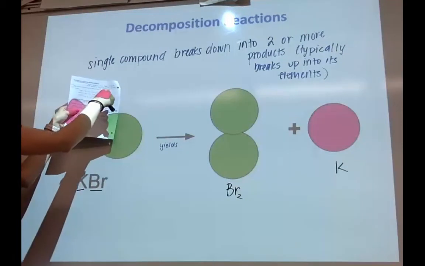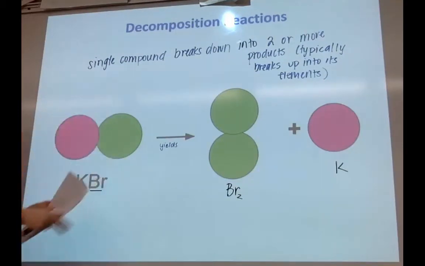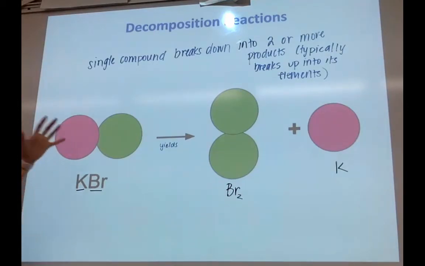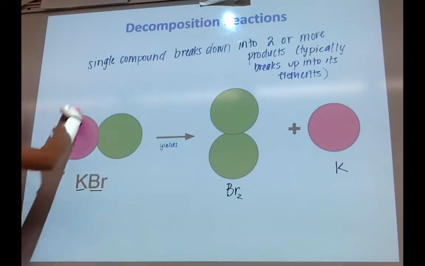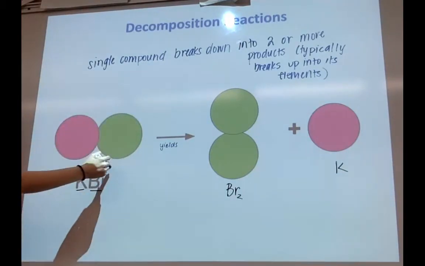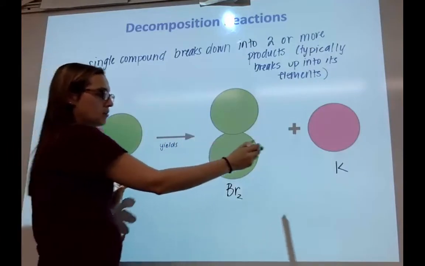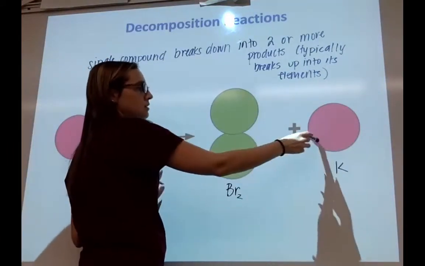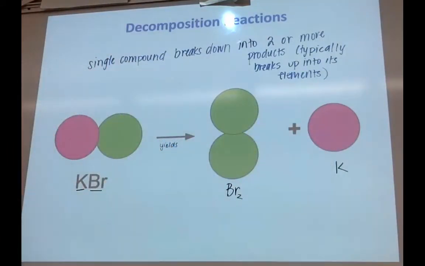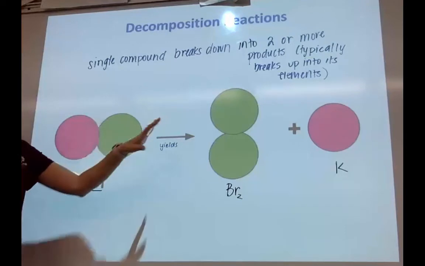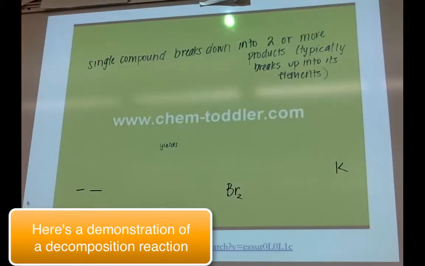If you want to add the picture down in here, you can. If you're like, I'm good without the picture, that's okay. Like I said, you can come back and refer to these whenever you need to. But with this, again, a single compound, a single substance, breaks down into its elements. That is a decomposition reaction. So we have this single compound breaking down into its elements.